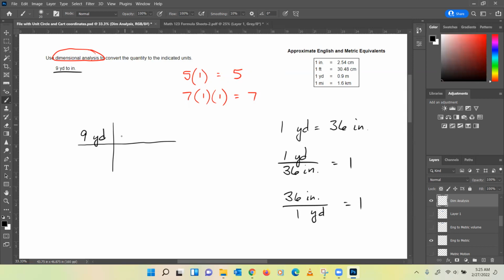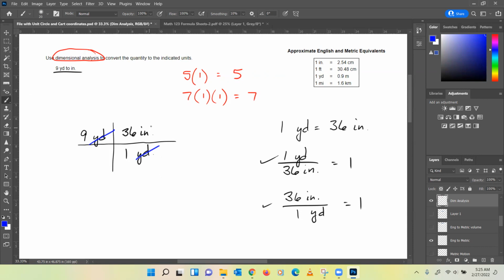And now, over here in my analysis, I need to pick the right version of these two fractions that will help me. So if I go ahead and put 36 inches on top and 1 yard on the bottom, let's ignore the numbers for a minute and just look at the units. Yards divided by yards would cancel. That would be 1.